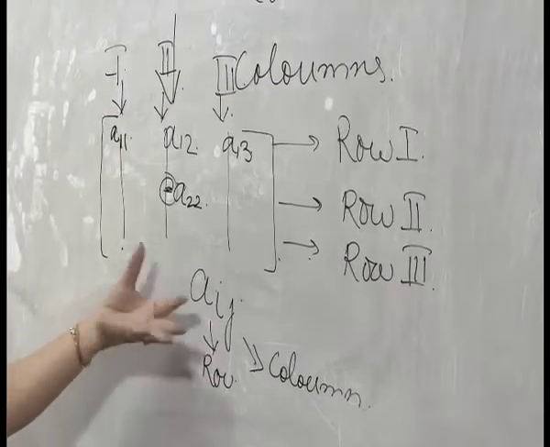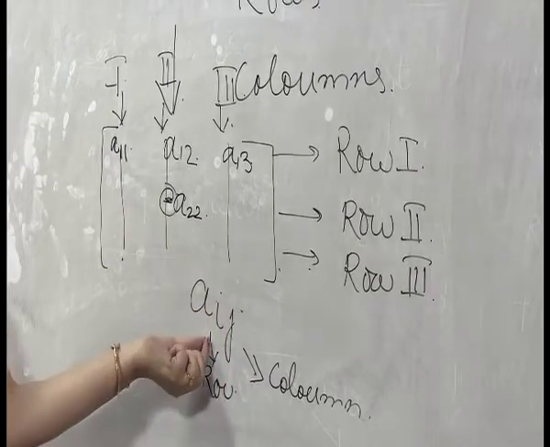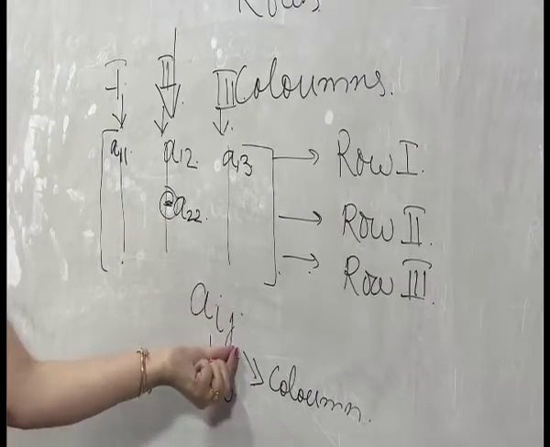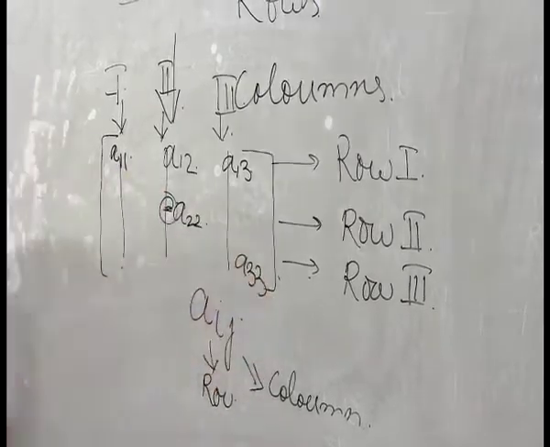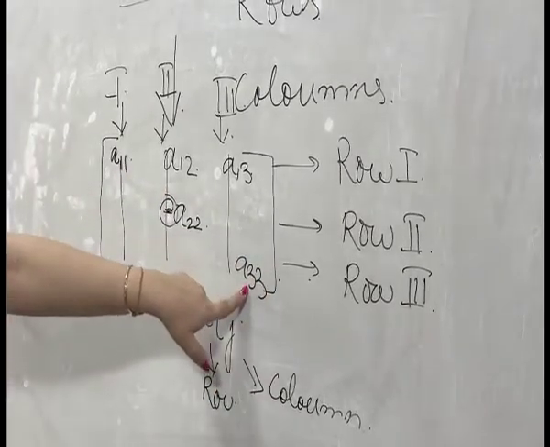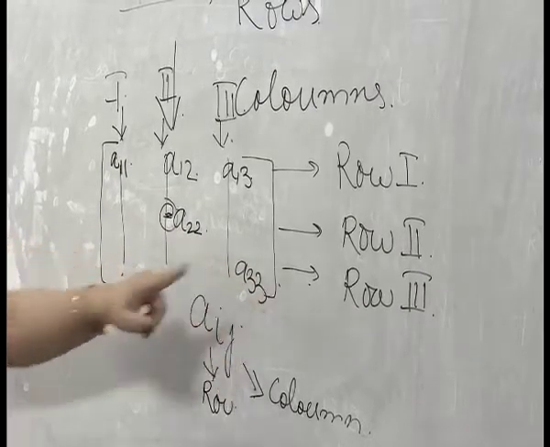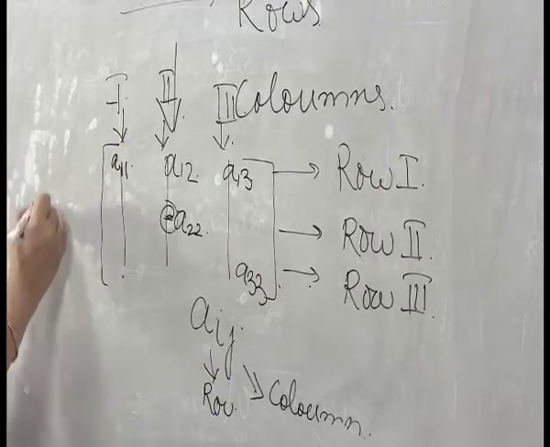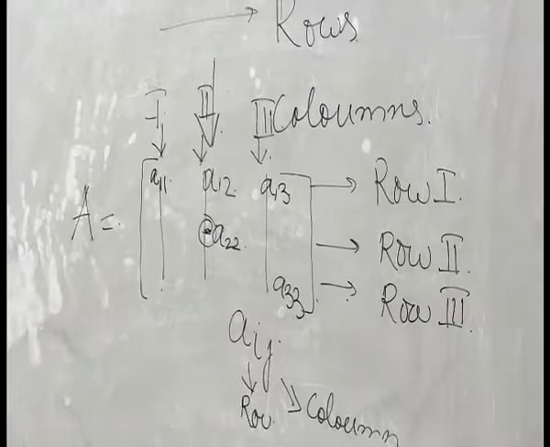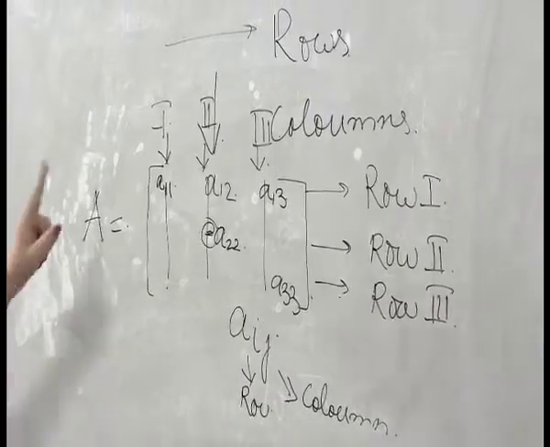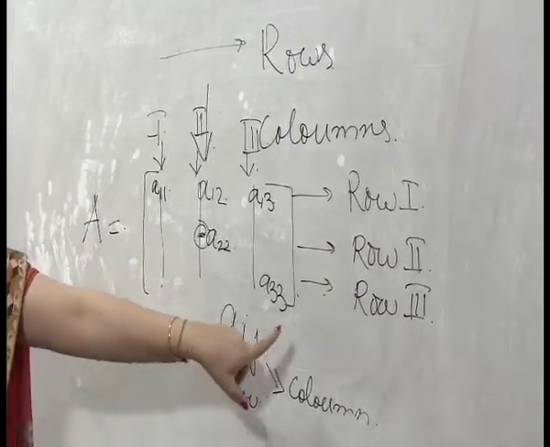Any element of the matrix is denoted by Aij, where i represents the row and j represents the column. If I write this element, this 3 represents the row and the second one represents the column. And the matrices are always denoted by capital letters, like this is A, and the element we write as Aij.